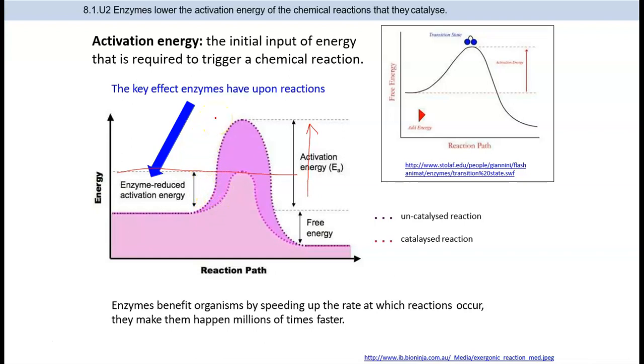So the initial input of energy that is required to trigger a chemical reaction is called activation energy. And enzymes benefit organisms by speeding up the rate at which reactions occur. They make them happen millions of times faster.